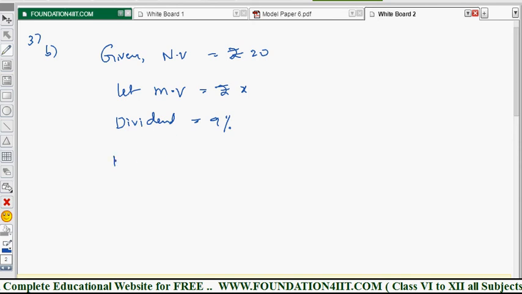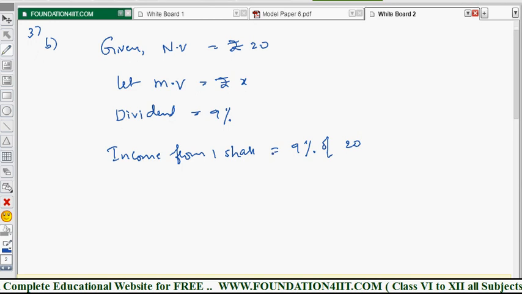So income from 1 share is 9% of the nominal value, which is 20, because dividend is always calculated on nominal value. That is 9 by 100 into 20, so that is rupees 9 by 5.